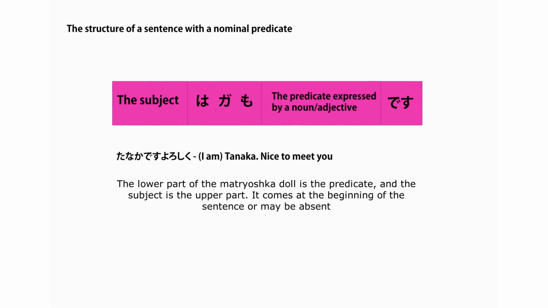Inside the matryoshka, that is, between the subject and the predicate, all the other parts of the sentence are located, objects and adverbial modifiers. The subject should be in the nominative case. In Japanese, it corresponds to the particle ga. However, it is common to find the particle wa, the topic particle, placed after the subject.